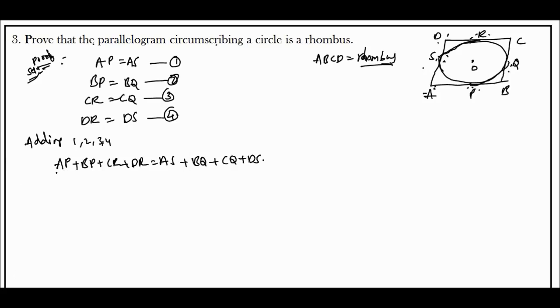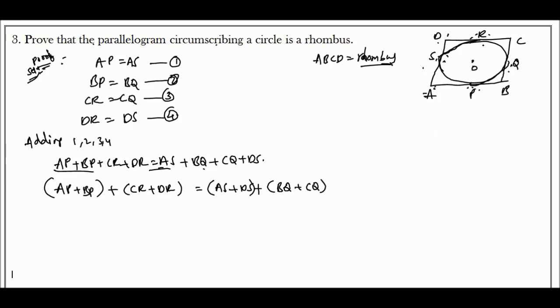So here AP plus BP, plus CR plus DR, is equal to AS plus DS, and BQ plus CQ.